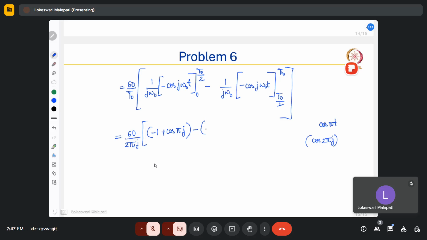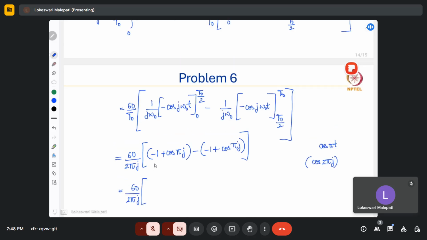So here we have minus 1 plus cos pi j. So we have 60 by 2 pi j.